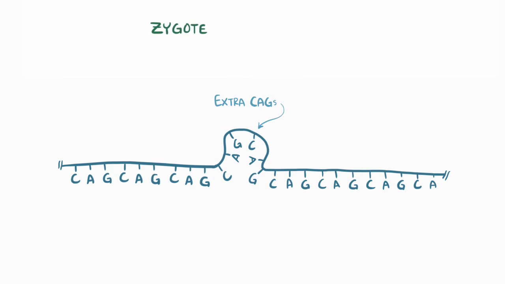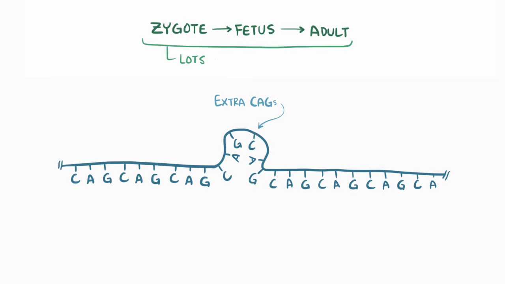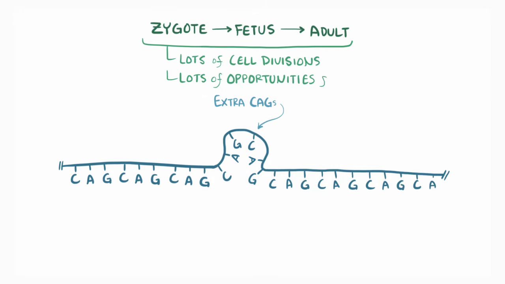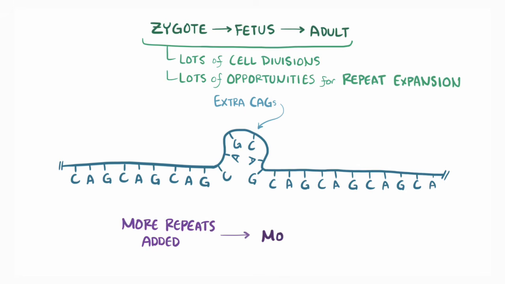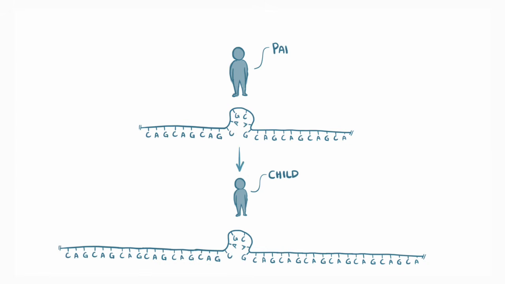Since as a zygote develops into a fetus and eventually into a full adult, by the time sperm and eggs are created, several dozen cell divisions, each with a round of DNA replication, have taken place. And so there have been a lot of opportunities for repeat expansion. And the more repeats that are added, the more unstable it gets. This expansion of the originally inherited gene means that a child of a parent with HD can inherit even more CAG repeats than the parent did.